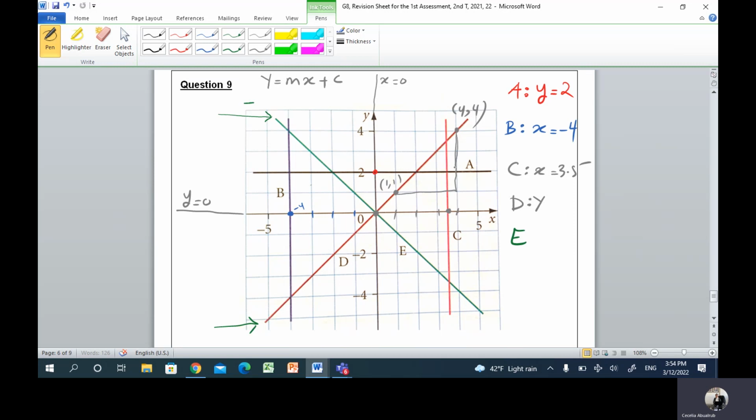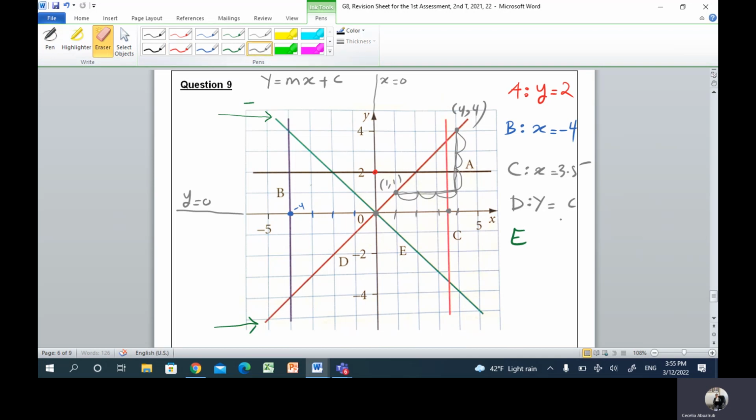As you can see, this is my right angle triangle. We start counting the squares that are parallel to the y-axis: 1, 2, 3, and here 1, 2, 3. So it's 3 over 3, so m is equal to 1. In other words, the equation of the line is y is equal to x.